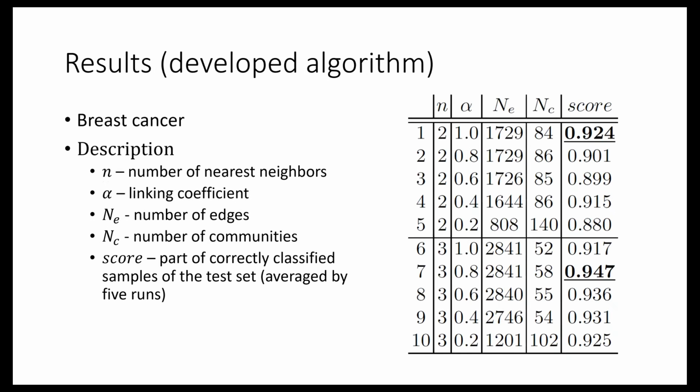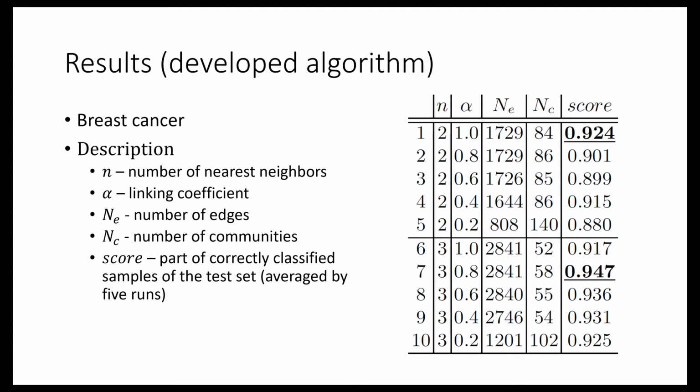So here are the results. Firstly, for the breast cancer dataset, you see in the column different values of the alpha coefficient and the number of nearest neighbors. I tested two types of nearest neighbors graph.